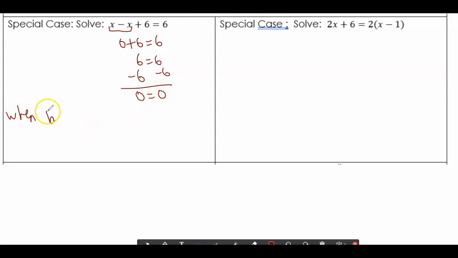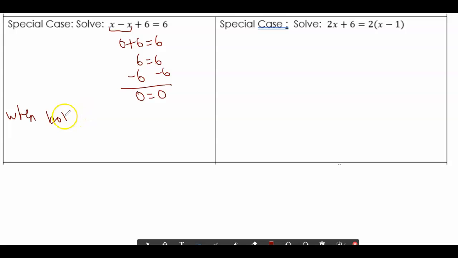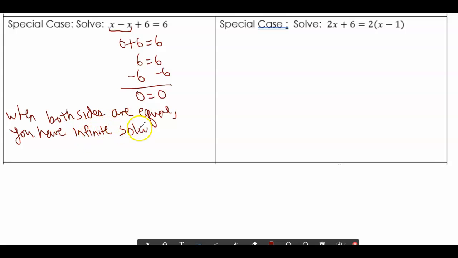When both sides are equal, you have infinitely many solutions. So I could put in a 1, x would be 1, 2, 3, 4, 5, 6, 7, 8, 9, 10. I also realized I had a true statement.